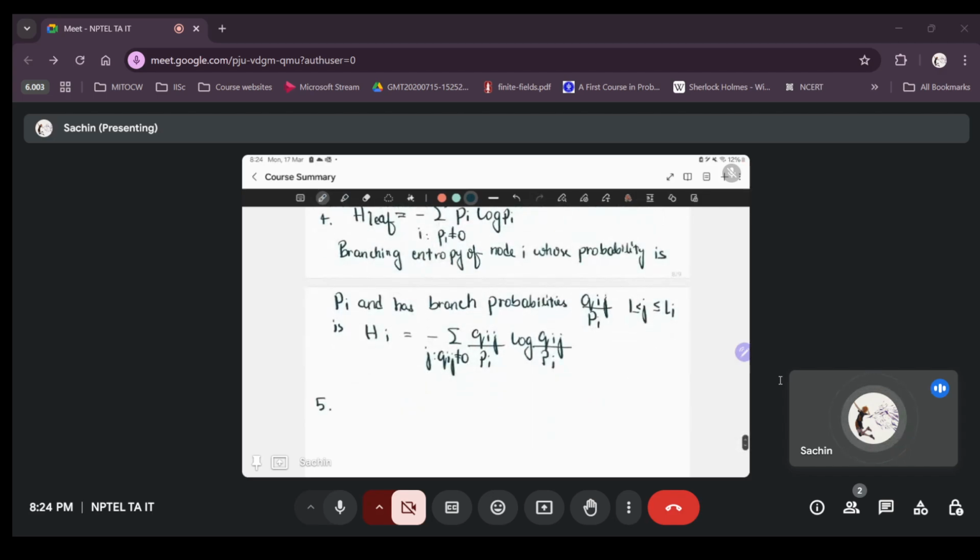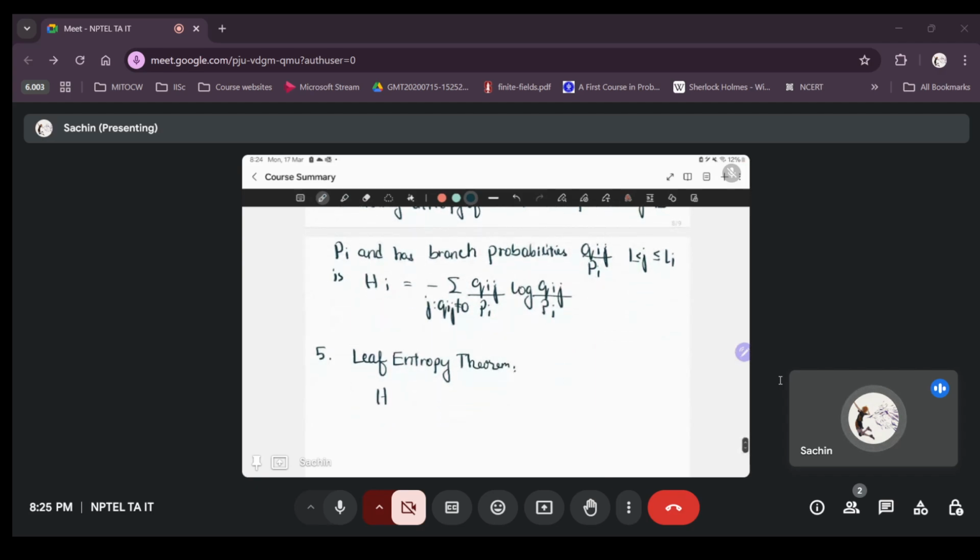From these two definitions, you have the leaf entropy theorem: H leaf is equal to the summation of Pi Hi over all nodes. So if there are n nodes, you sum from i equal to 1 to n.